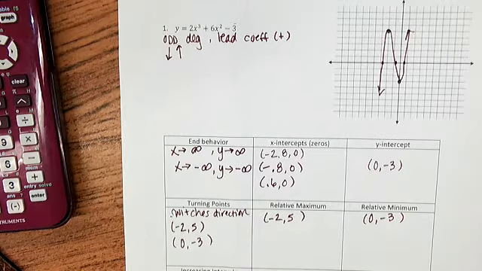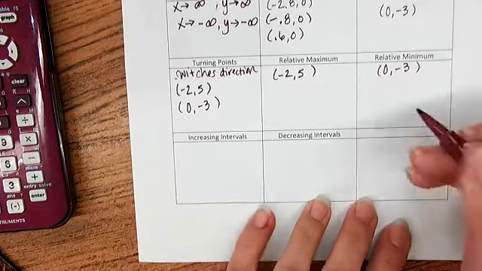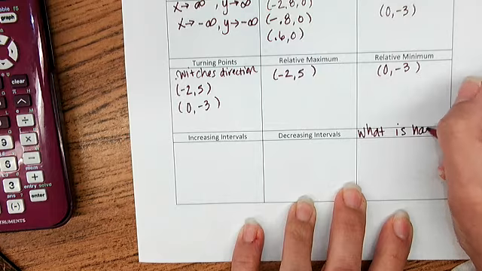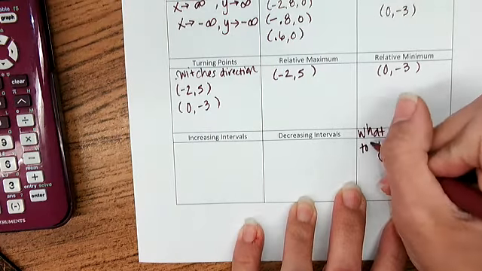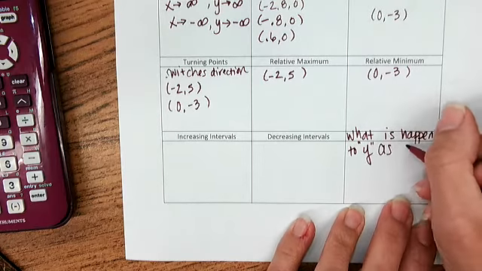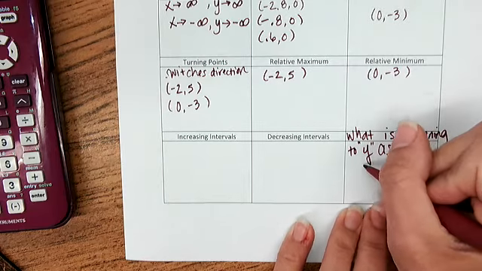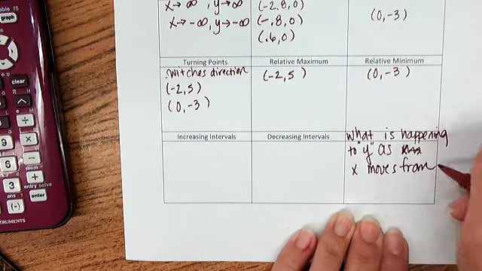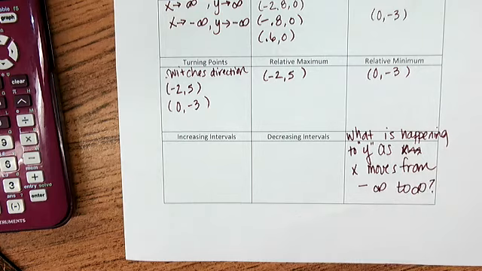Okay, so now I've got this whole increasing, decreasing thing. So increasing and decreasing, what is happening to y as x moves from negative infinity to positive infinity?